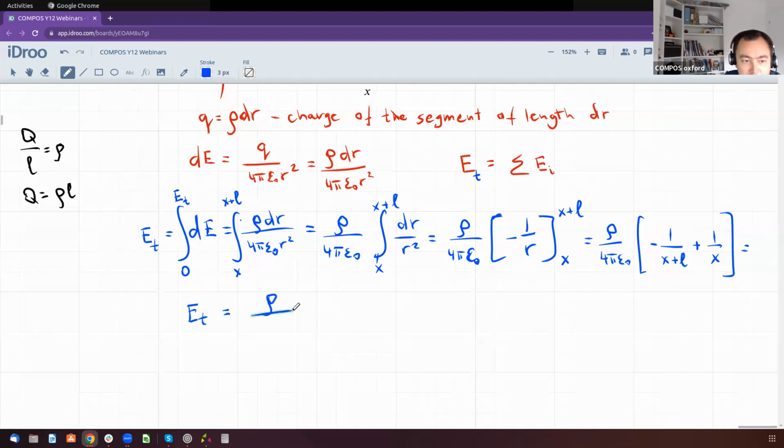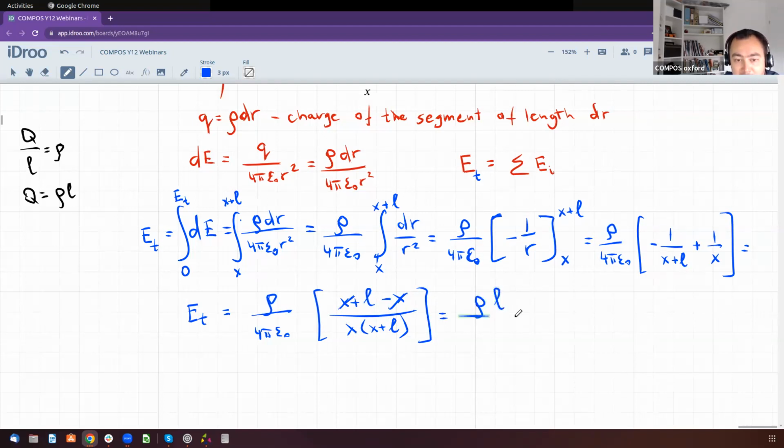That's rho over 4 pi epsilon naught, 1 over x minus 1 over x plus L. So we multiply this by x plus L: x plus L minus x over x times x plus L. The x cancels, and we're left with rho L over 4 pi epsilon naught times x plus L. And that's the answer. The total field at that point is this.